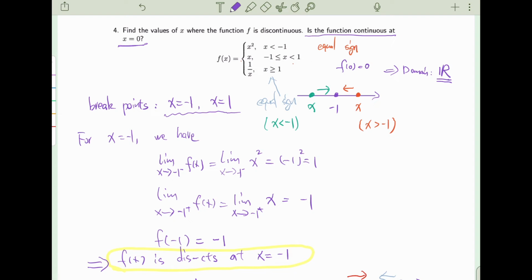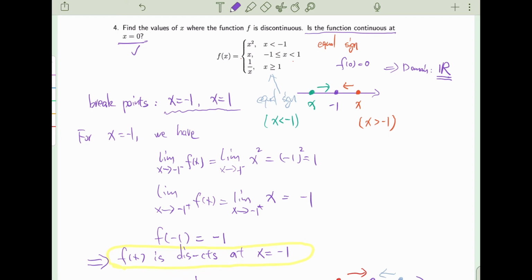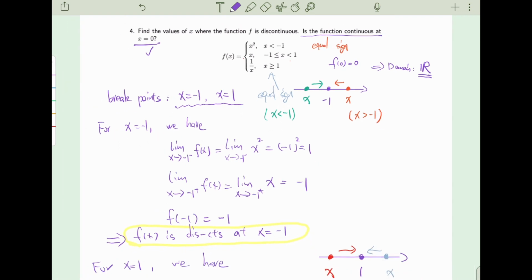It's just a trap to see whether you actually understand the definition of domain and continuity and definition of piecewise function. So yes for this question, okay? The only place where the function is discontinuous is at x equal to -1. So that is our question 4, a very great question here.